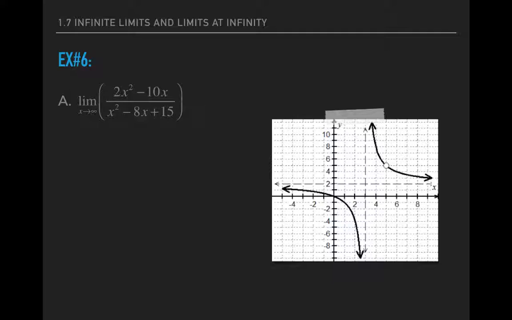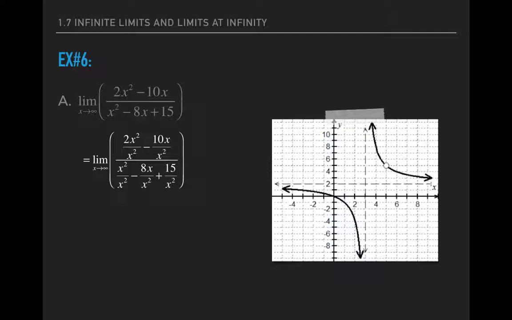We're looking at the graph, so we are already seeing what is going to happen, but we're going to justify our steps algebraically here. So we're going to divide every term by the highest power of x that appears in our denominator, and that would be x squared.